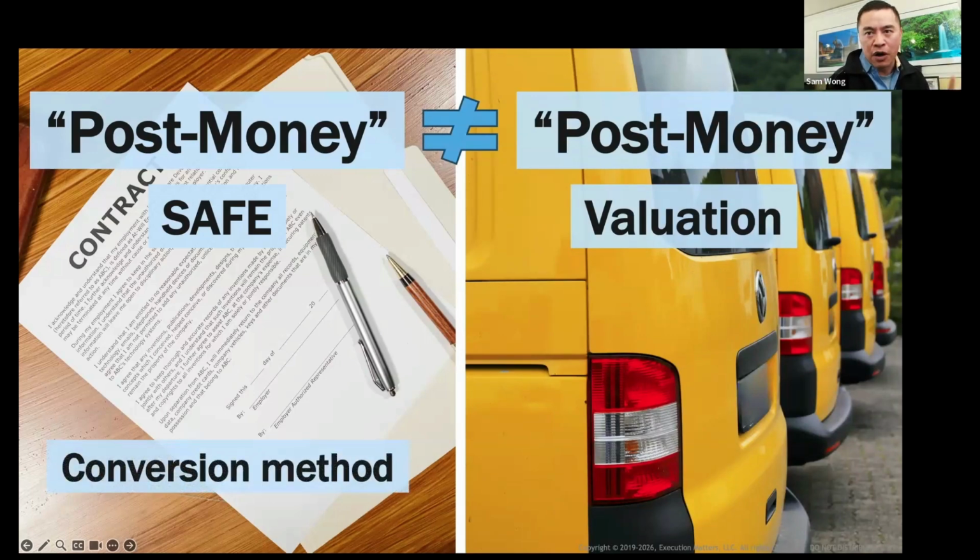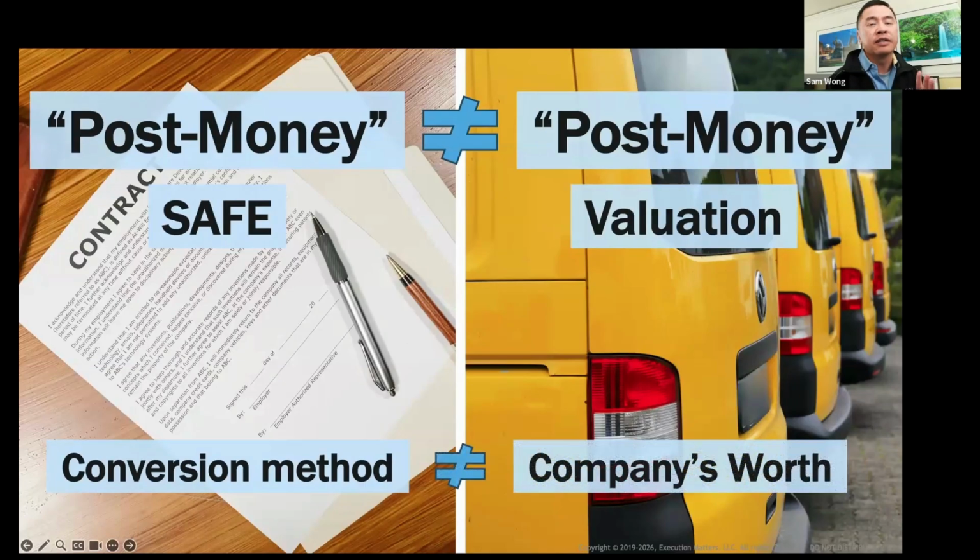The post-money safe refers to a conversion method, the algorithm used to calculate how many shares the investor will have once the safe contract is converted into equity. The post-money valuation defines the company's worth. So conversion method is not company valuation. Post-money safe, post-money valuation, no correlation whatsoever.